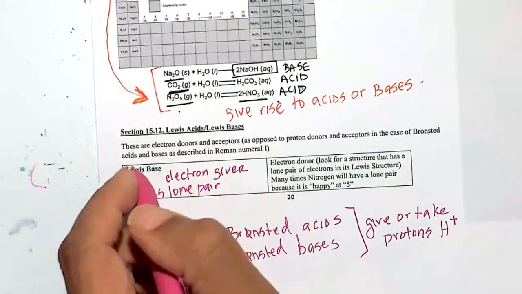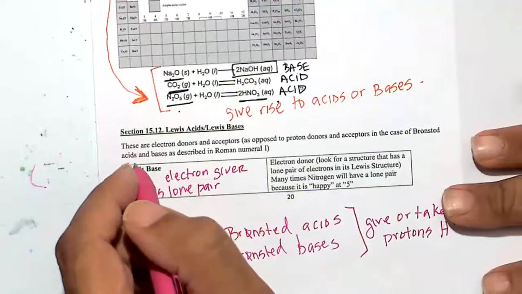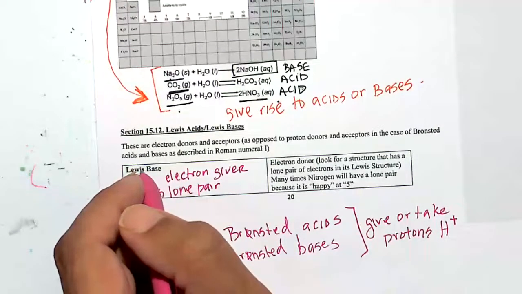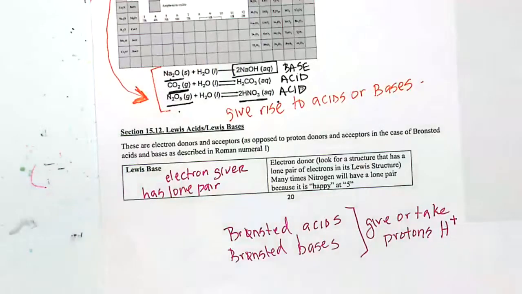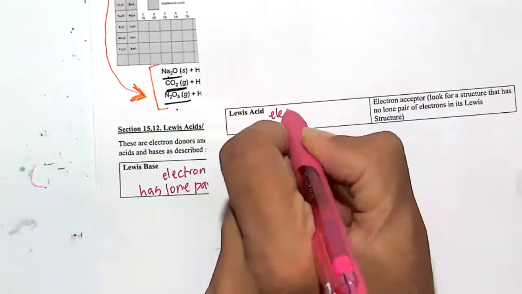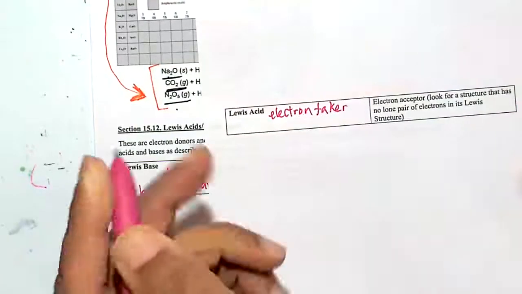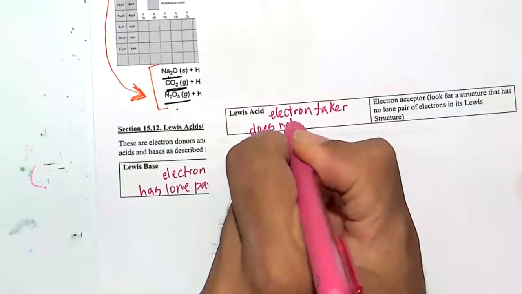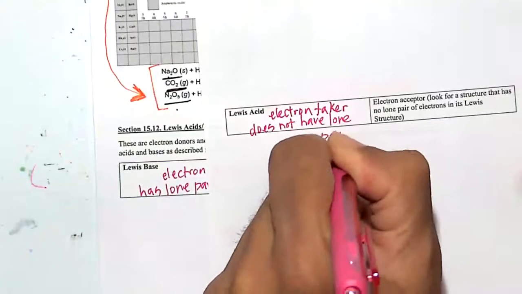So we're talking about electrons, not protons, which is what I've been teaching you. A Lewis base is an electron donor, an electron giver, and a Lewis acid is an electron taker. It does not have lone pairs in its structure.